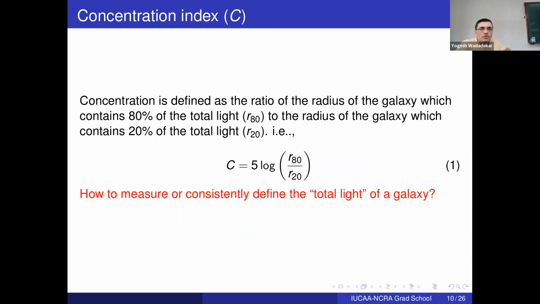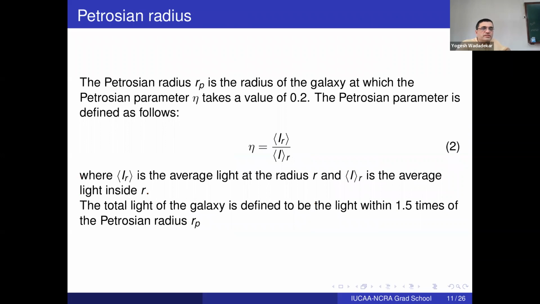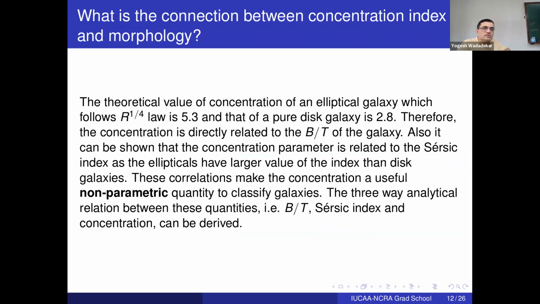Okay. So now the question is, how does the concentration index act as a proxy for the morphology? Naturally, we saw the light profiles yesterday. We saw that if the Sersic index is very high, the galaxy will have a very steep light profile in the inner parts.